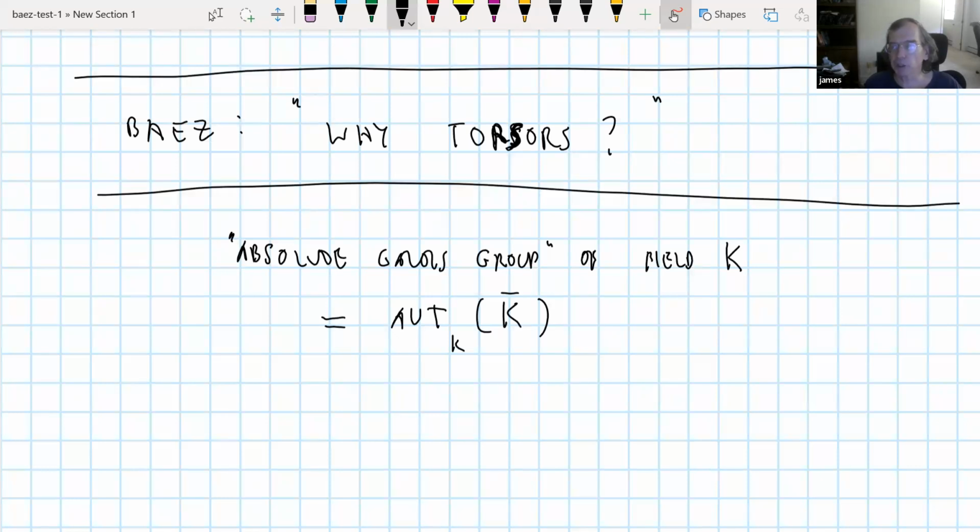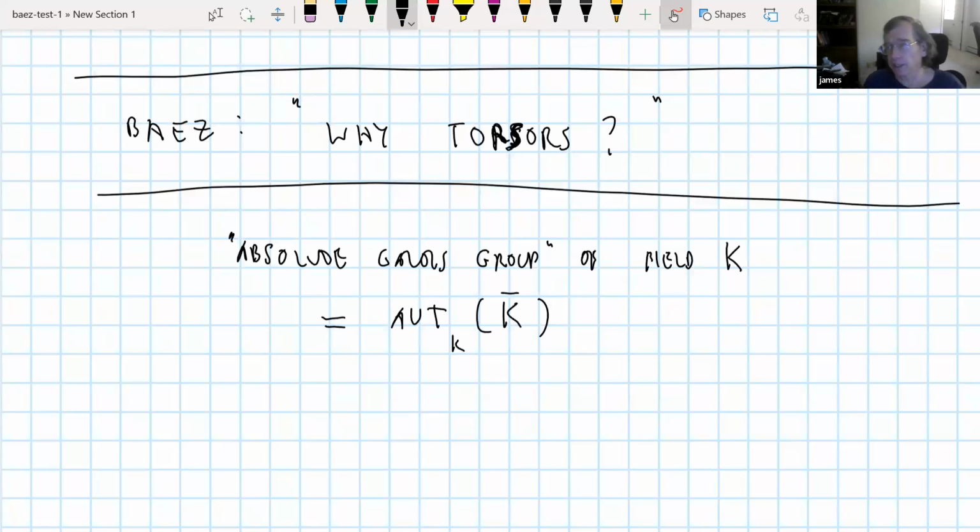Sorry, not the covering spaces. You're studying the principal fiber bundles, the principal G bundles over that space. Yep. So in some sense, that's the answer.